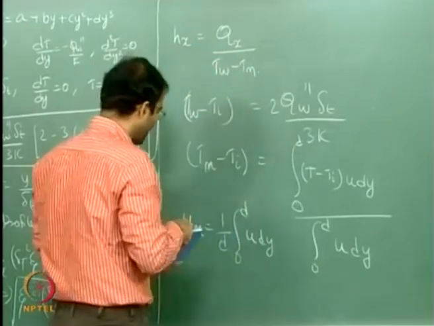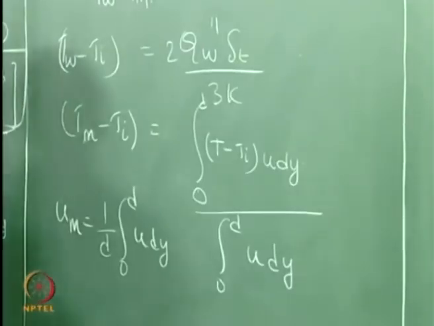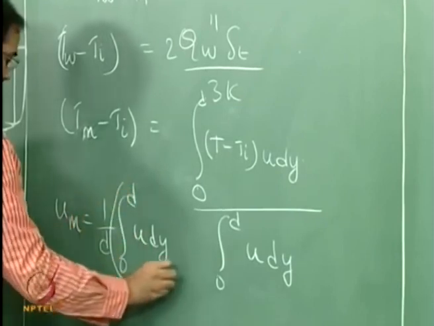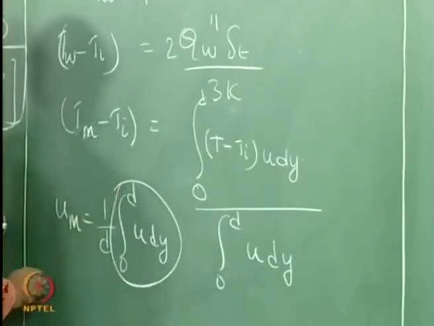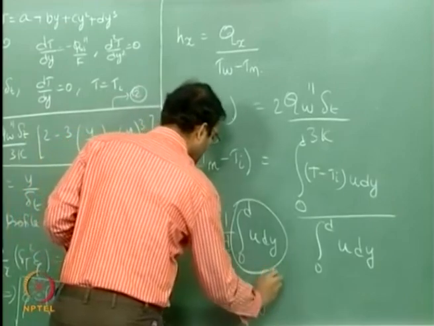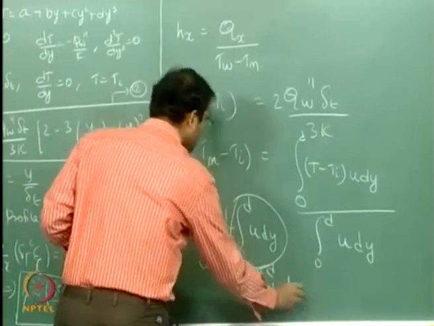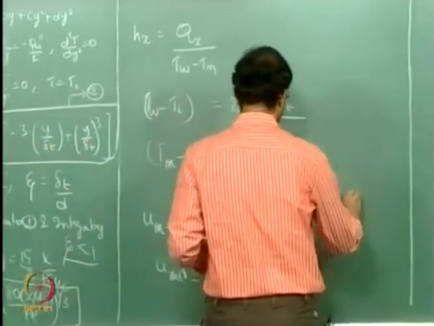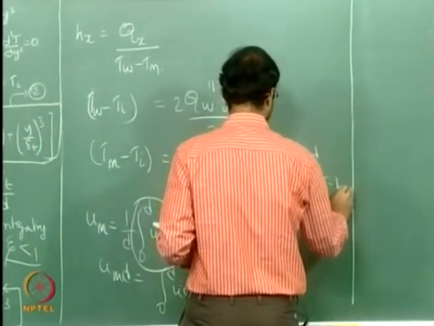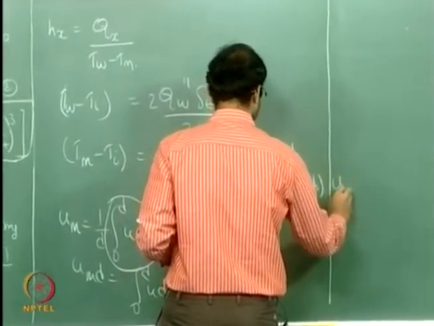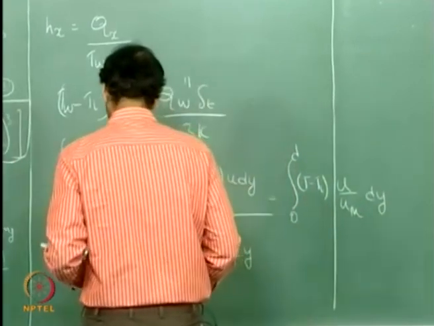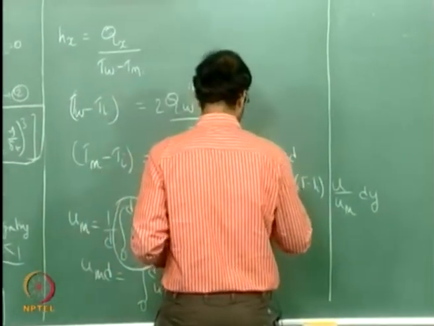Okay, so if you integrate it out, you get your relation between 0 to d u dy as um into d. So therefore you can write this as integral 0 to d T minus Ti into u by um dy into 1 over d.